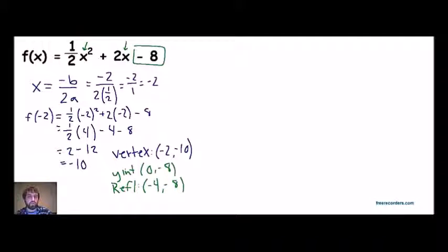We can go ahead and finish the quadratic formula to find the rest of our x-intercepts. We know that our x-intercepts occur when our y value is 0, and then we can do the quadratic formula. So x is going to equal negative b over 2a plus or minus the square root of b squared minus 4ac, all over 2a.